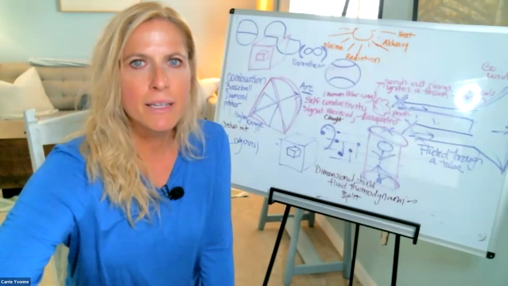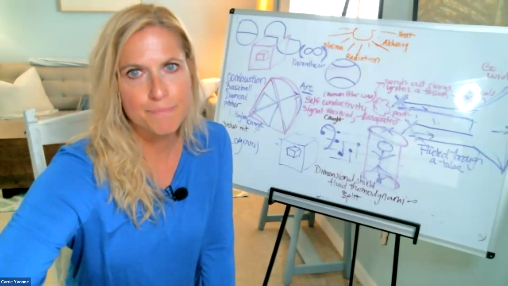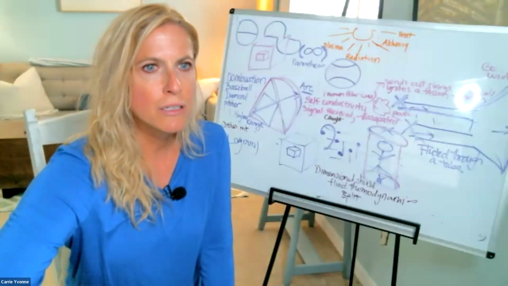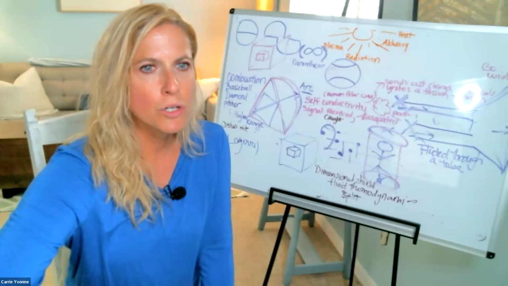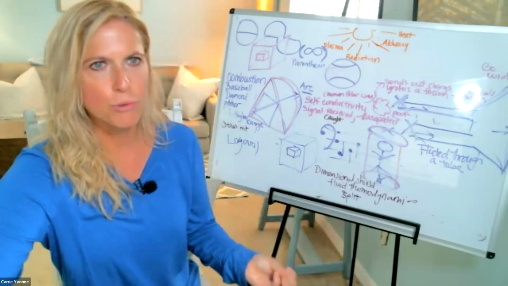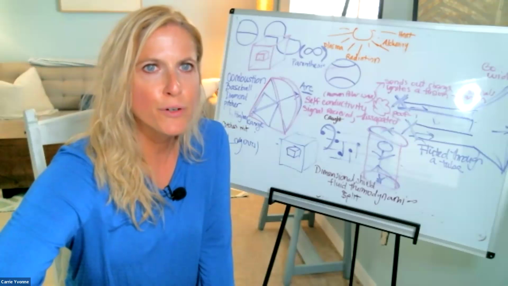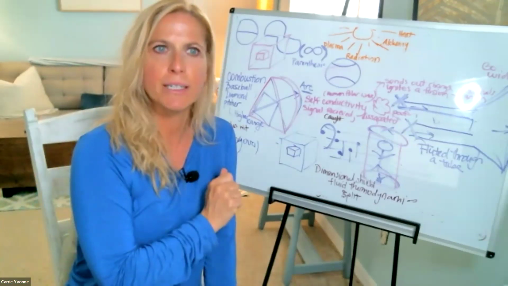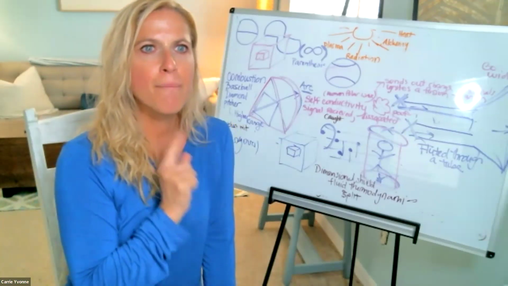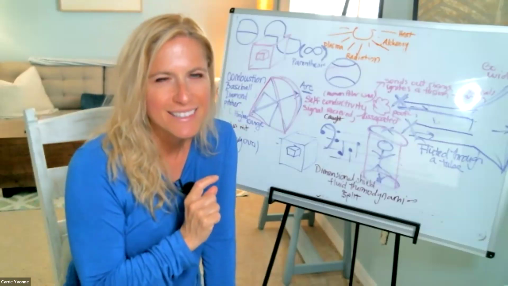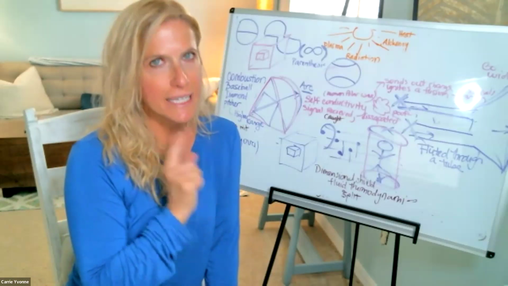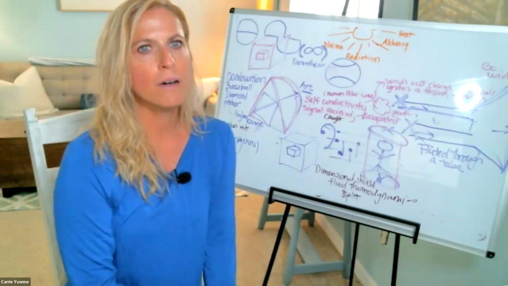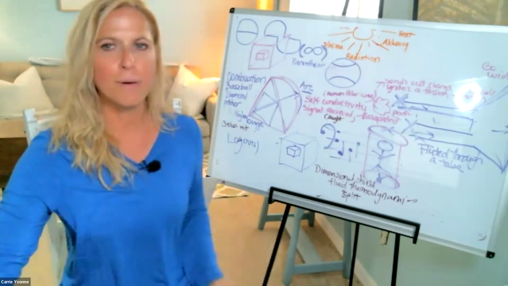But essentially, I keep writing down transduction. So transduction, according to what I'm reading just by Googling it, is a process that can refer to the transfer of genetic material or the conversion of a message or energy into another form. Oh, I could totally go down the rabbit hole on that one. Isn't that fun?